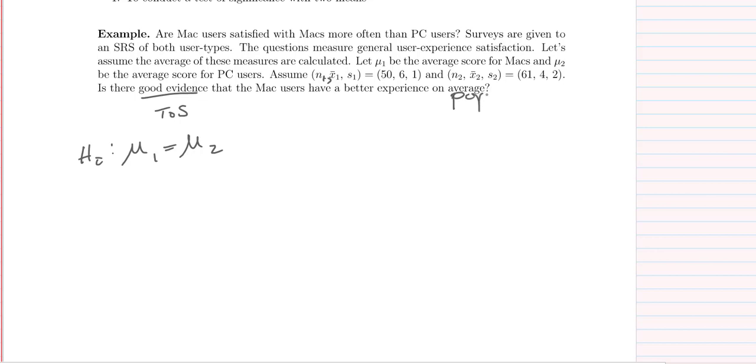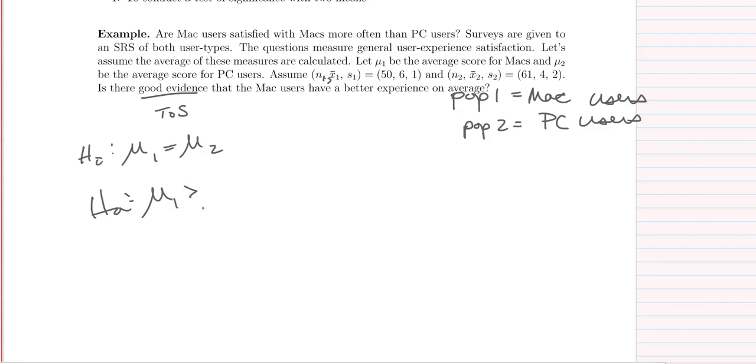We should state that population 1 is Mac users, and population 2 is PC users. Our alternative hypothesis is that mu1 is greater than mu2, because we want to show that Mac users have a better experience, so their average score should be higher.